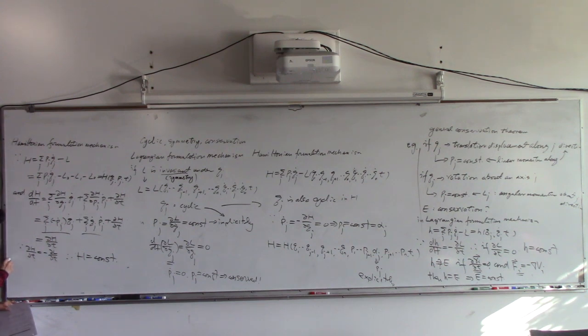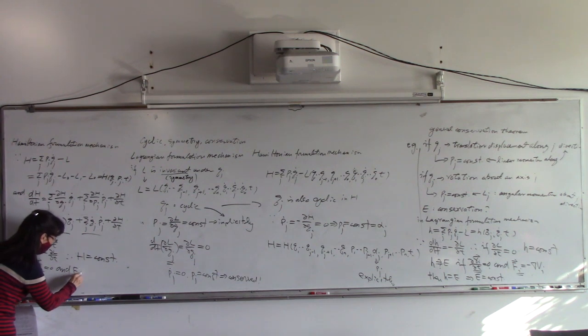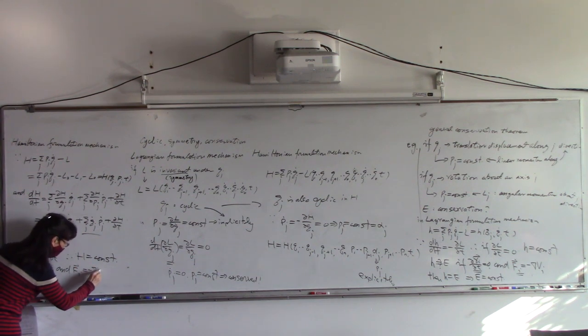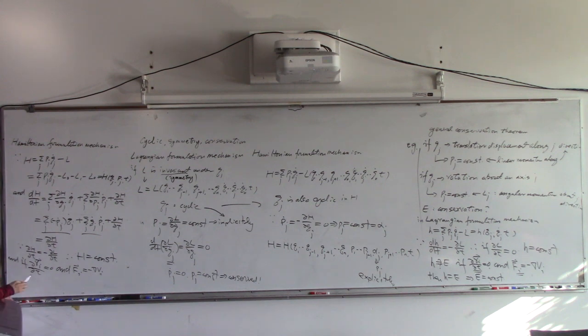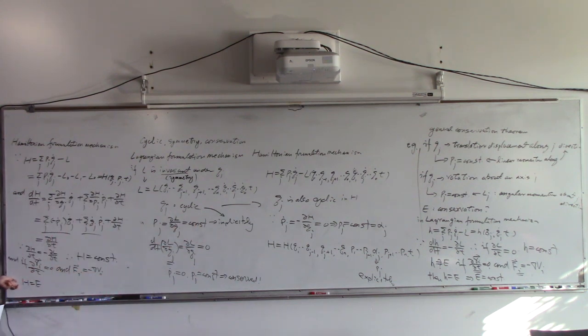Then second, this condition we already discussed last time: if the force is the negative gradient of a scalar potential, we already proved that in that case H equals energy, right? Same as the energy function, but that is in configuration space, and this is in phase space.